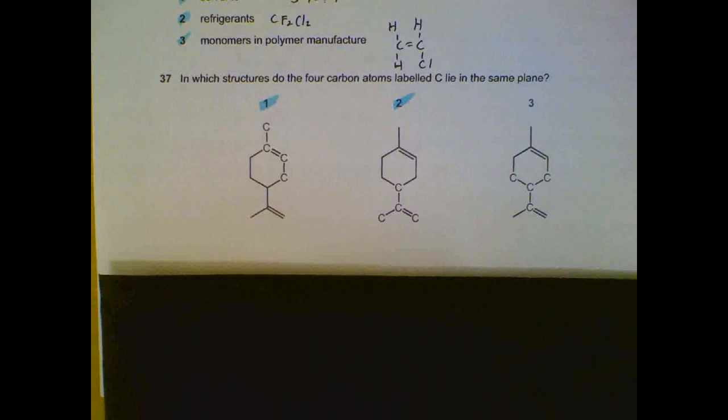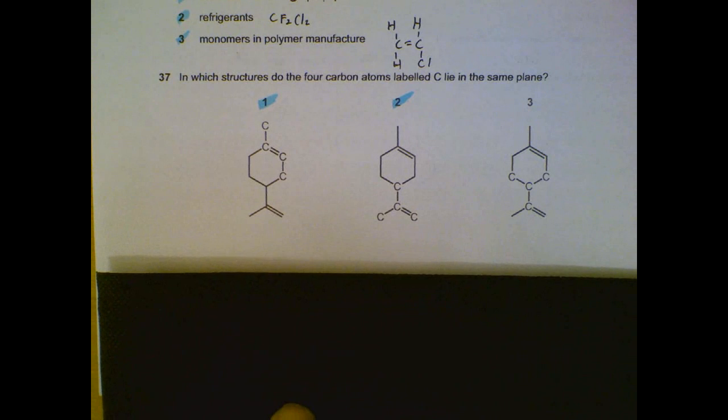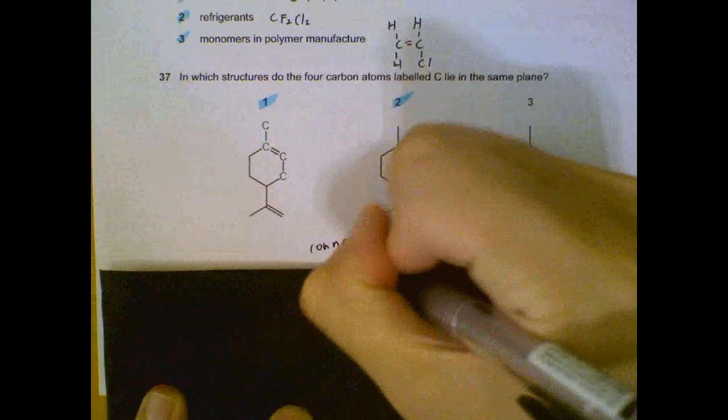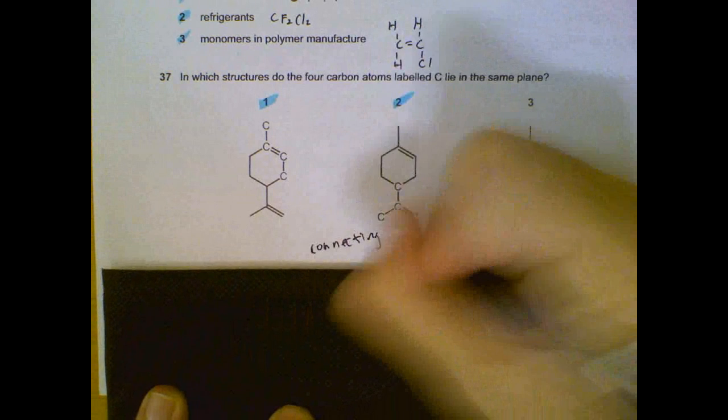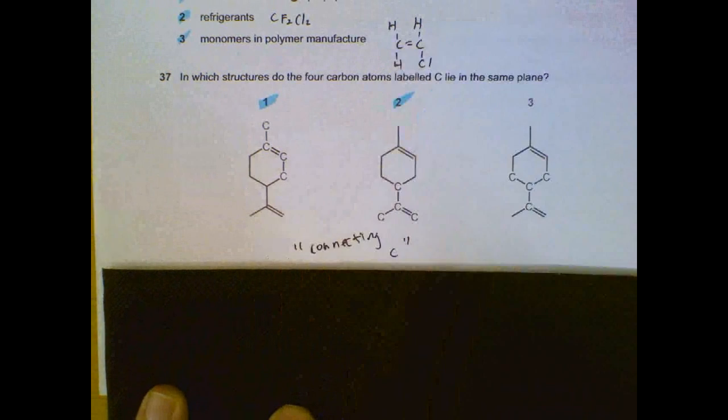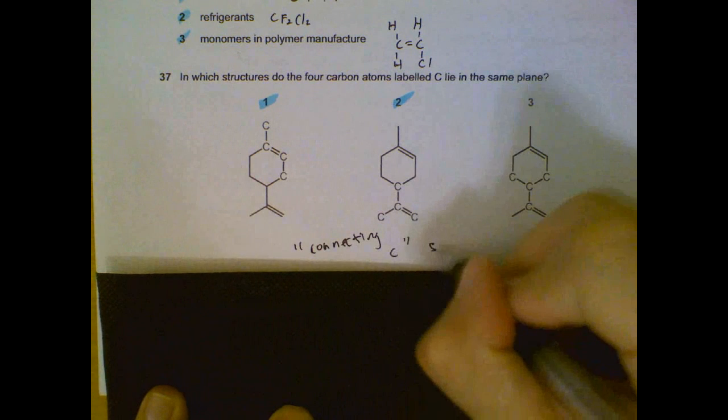(37) Which structures have the 4 carbon atoms lying on the same plane? One way you can do it is you have to check the connecting carbons. Right, that means carbons besides the carbons at the end, do they have sp3 or sp2?